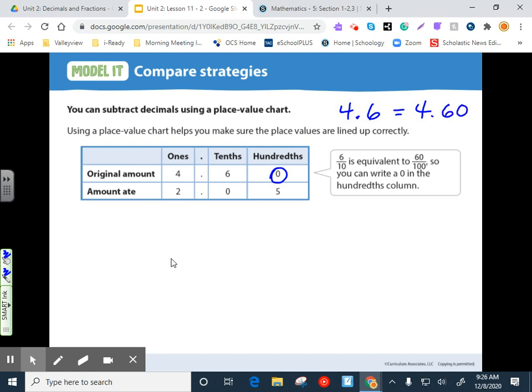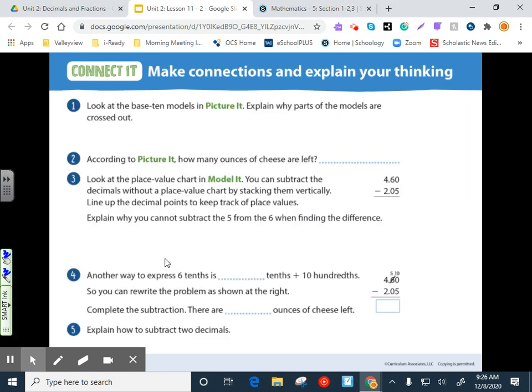So again, just like we were talking about with our warm up, 4 and 6/10 is the same as saying 4 and 60 hundredths. And that's represented right up here in this top part. And then they kept the same numbers for the subtraction part of the amount that was eaten of the cheese. All right, let's look at the next page.